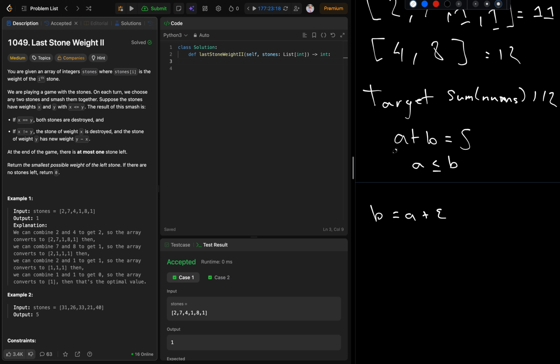So we want to find the a such that a is less than b, and a plus b equals the sum, because a plus b is essentially equal to a plus some little extra bit, which equals s. Okay, so how I'm going to write that: our total equals the sum of the stones, and our target equals the total divided by 2.